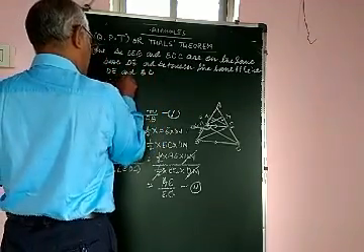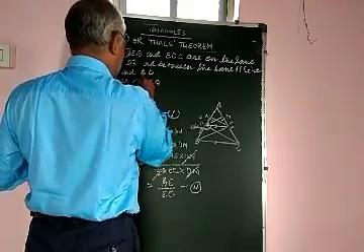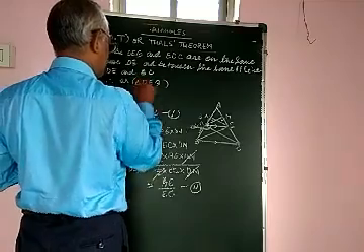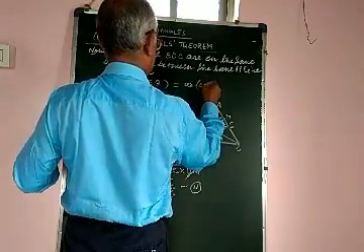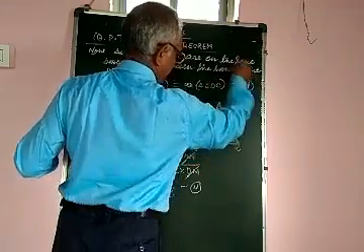Therefore, area of triangle DEB is equal to area of triangle EDC. And this is equation number 3.